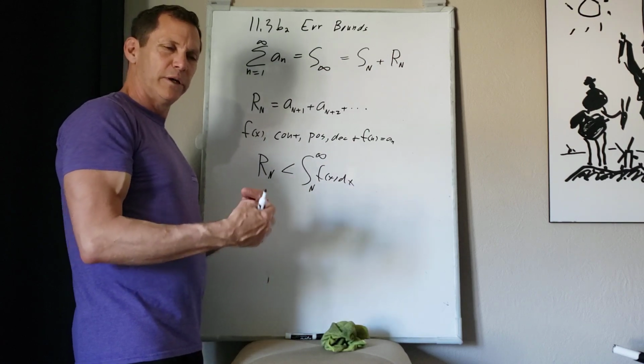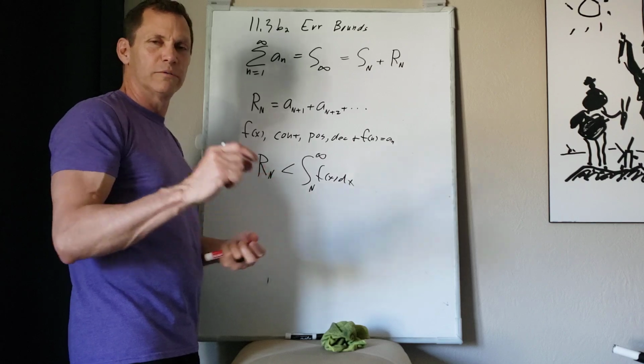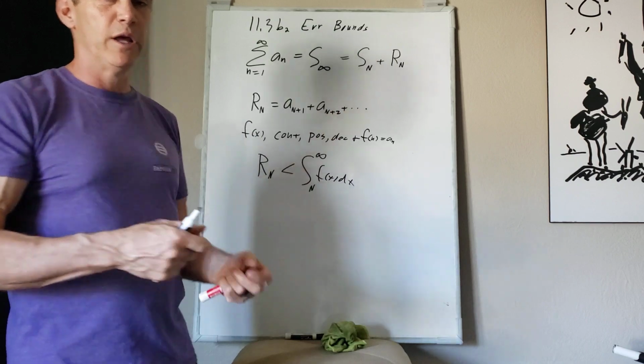And we can tell our boss, use this answer and you won't be any more wrong than this much, whatever this guy is. I'm going to stop this video and then I'll do another one here with an example.